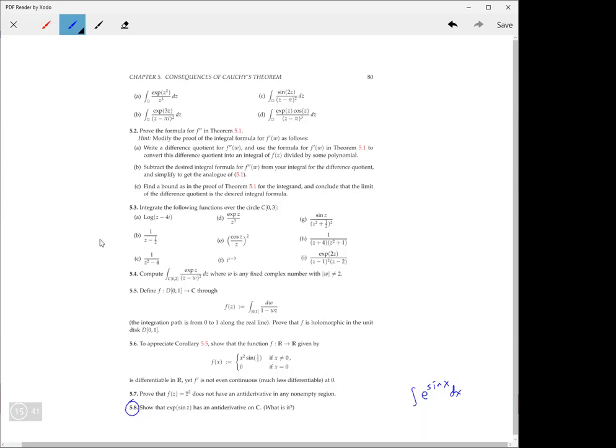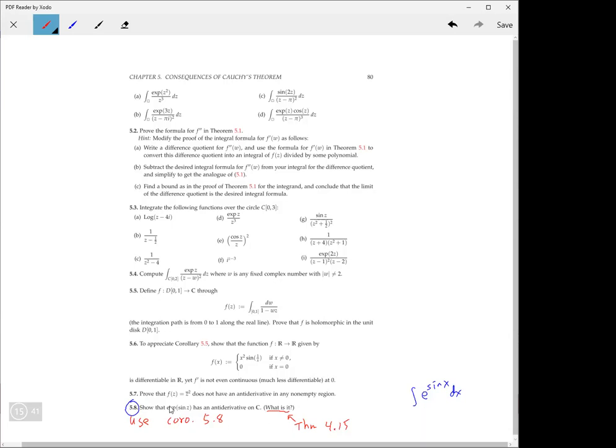But what you can do to do this problem is use corollary 5.8. That just says it has an antiderivative, because if you can show that it's holomorphic, then it has one. And the question right here asks what it is; I would say look at Theorem 4.15 for that part.